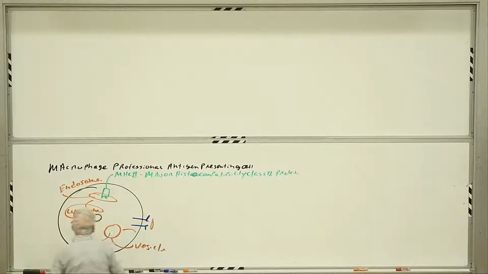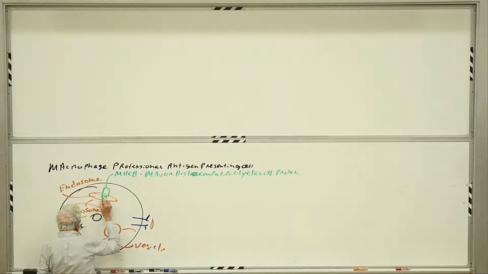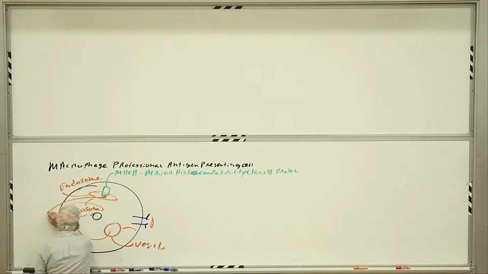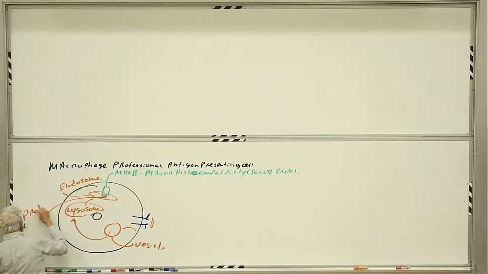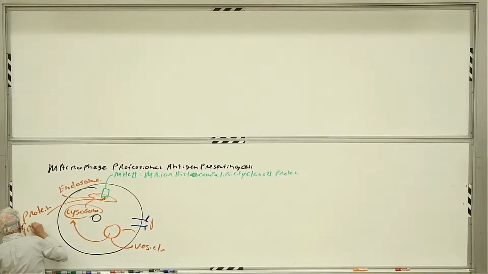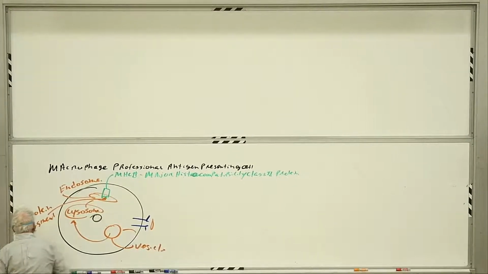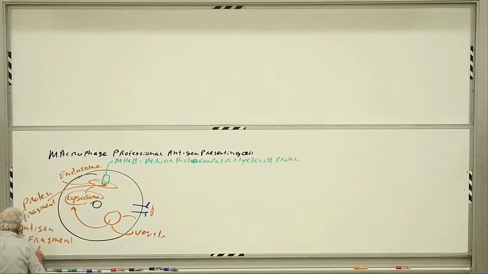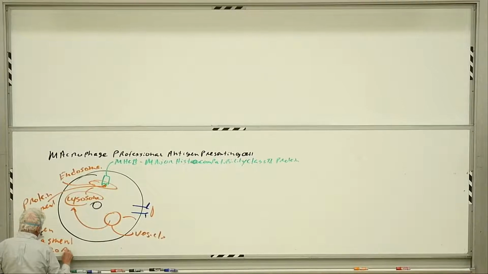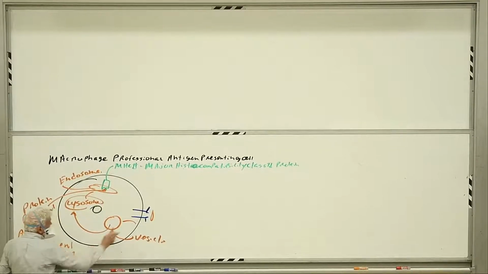And its function out here in the endosome was to bind to one of these fragments of the original bacterium. So this is a protein fragment. It's in fact an antigen fragment. Typically, these antigen fragments are about 16 to 20 amino acids long. So they're short sections of a gigantic protein.